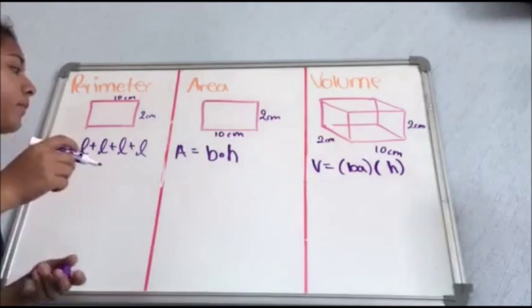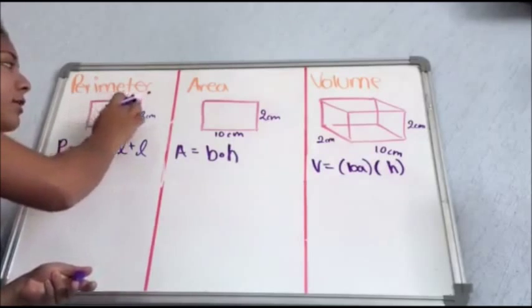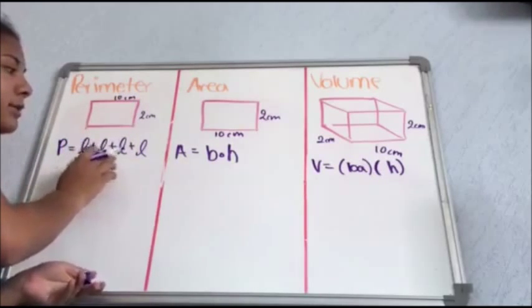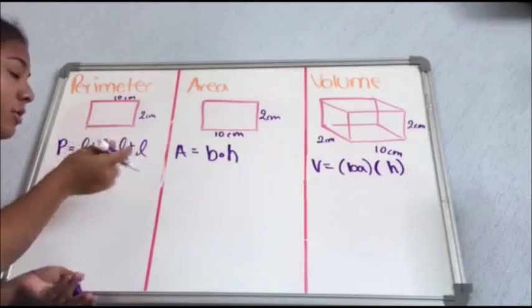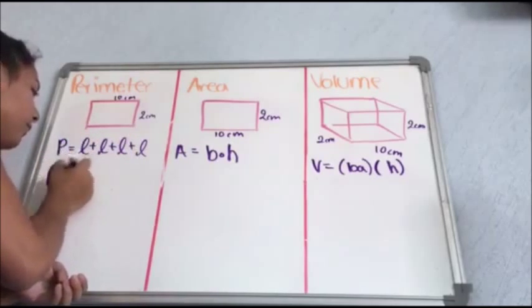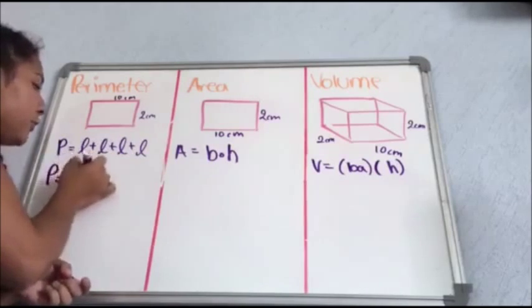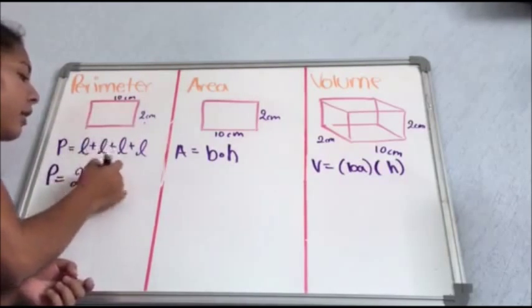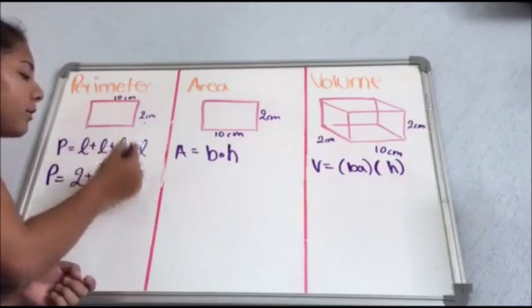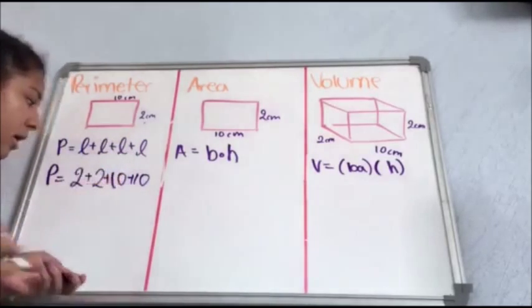Because it has 4 sides, we have to add 4 measures. So, we have 2 because of this side, we have 2 because of the other side, we have 10 because of this side, and we have 10 because of the other.